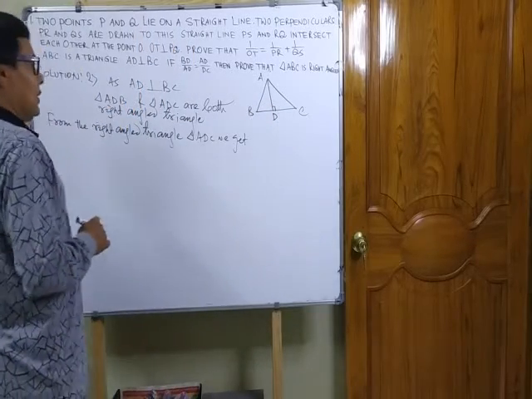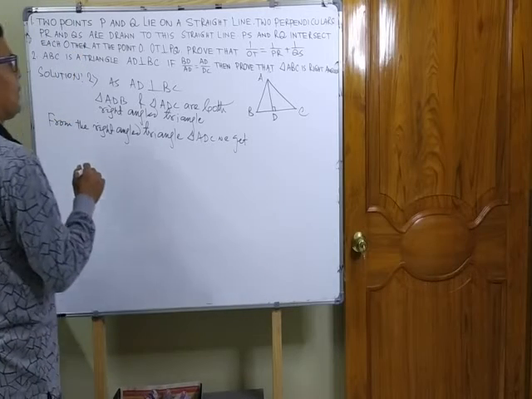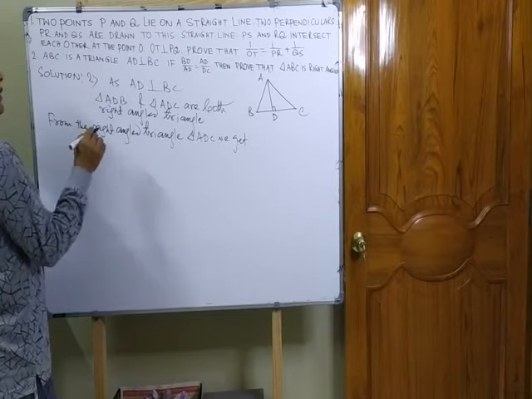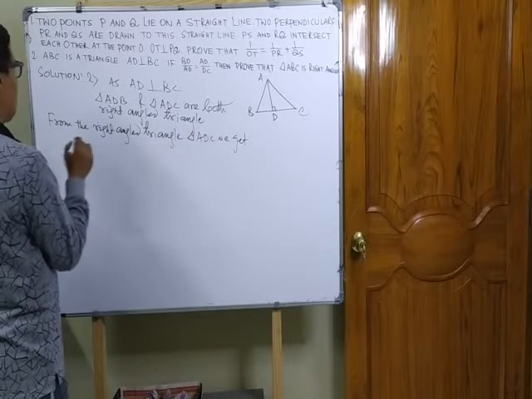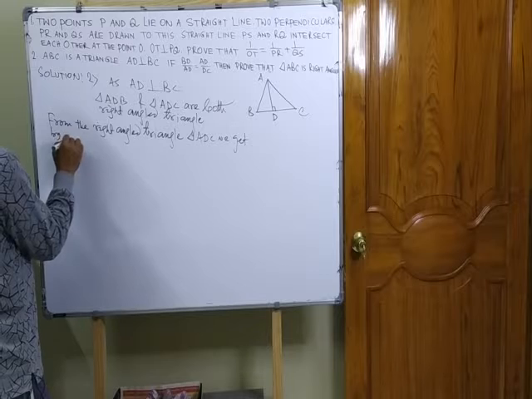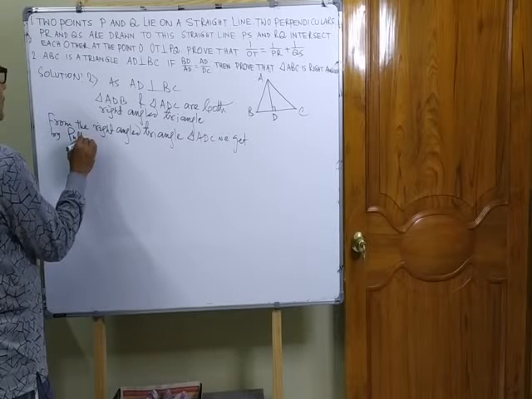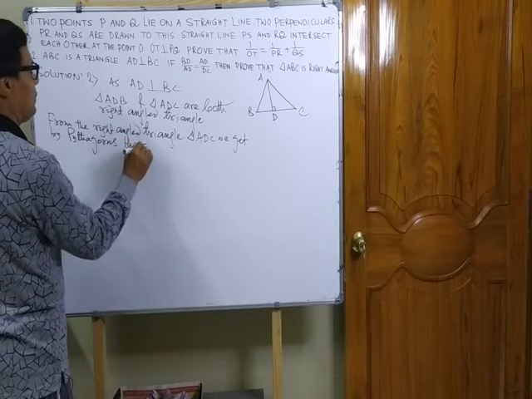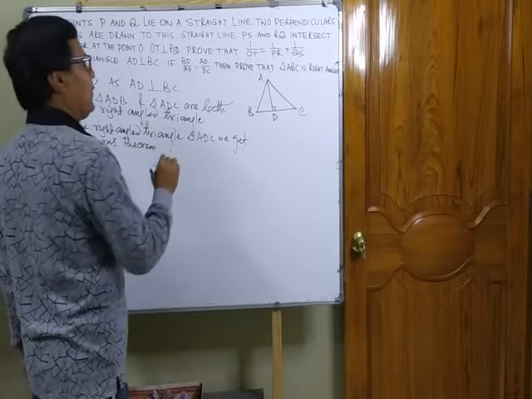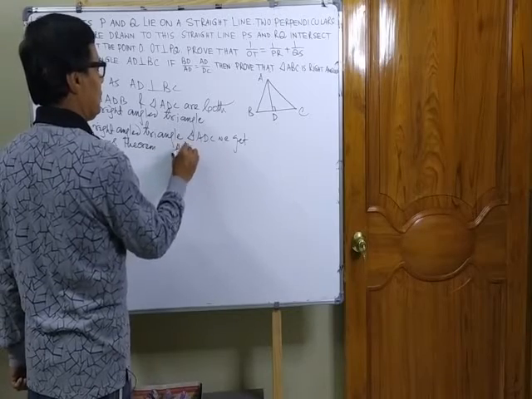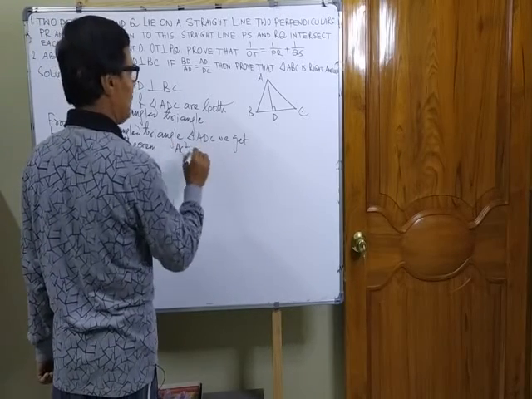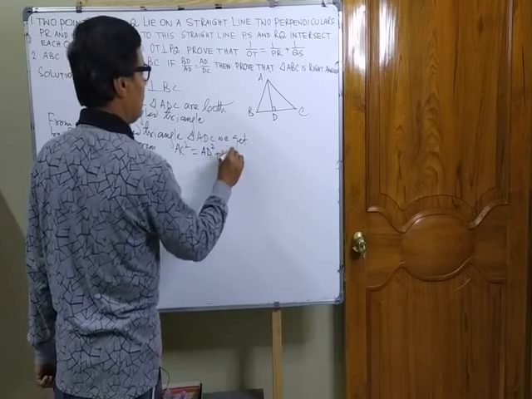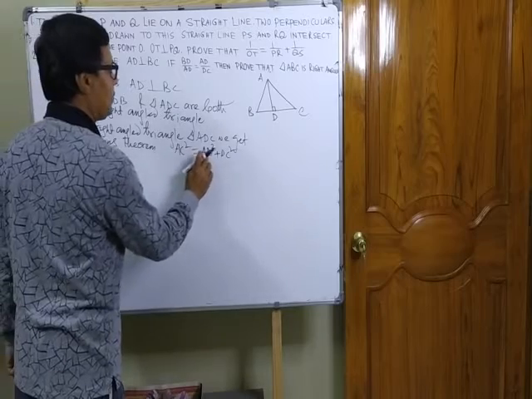So from triangle ADC we get AC square equal to AD square plus DC square.